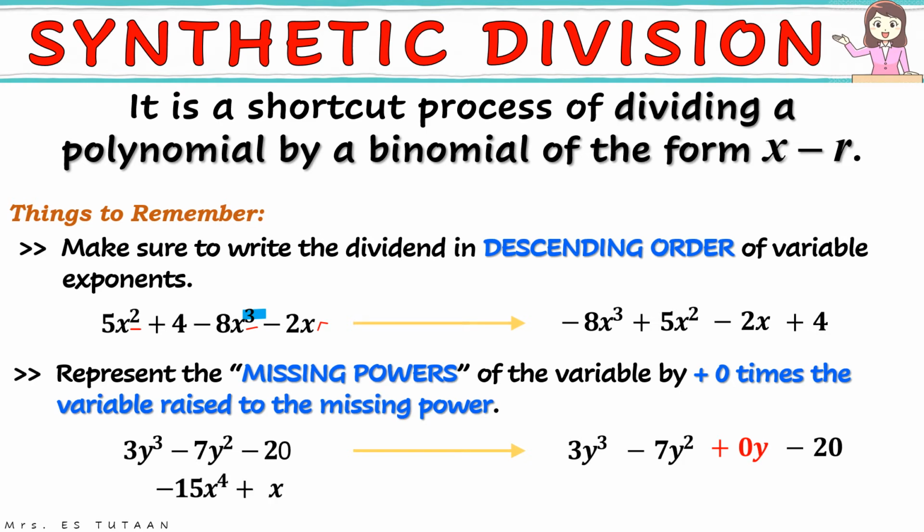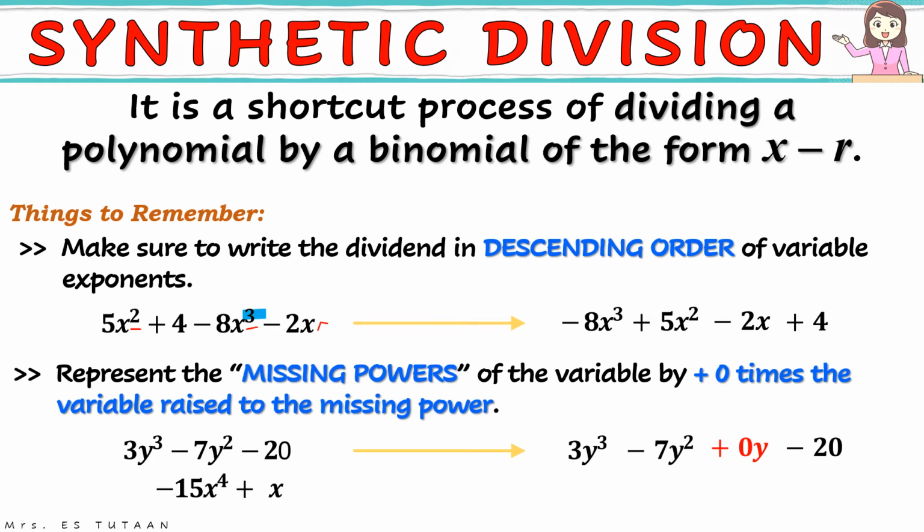Okay? Another example, we have negative 15x to the 4th power plus x. So, ilan ang terms na nawawala dyan? So, 4. The highest is 4. So, ang nawawala natin ay 3, 2, tapos meron tayo ditong 1. And then, ang nawawala pa ay ang ating constant term.